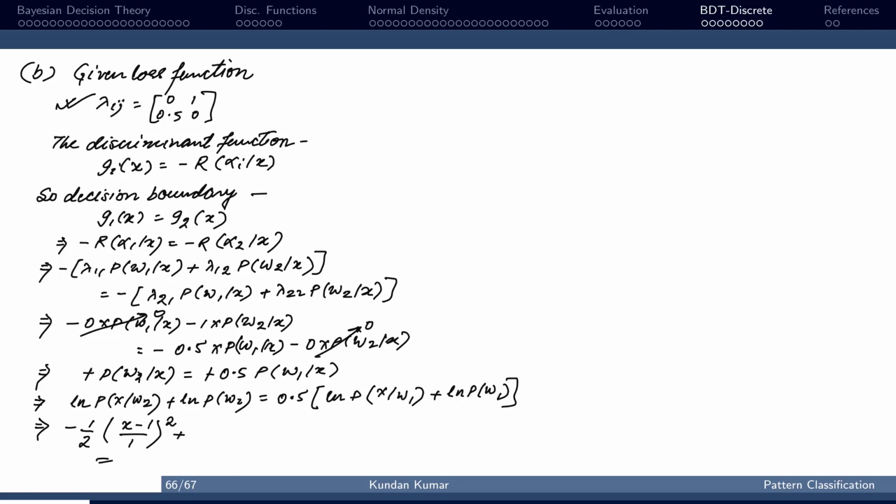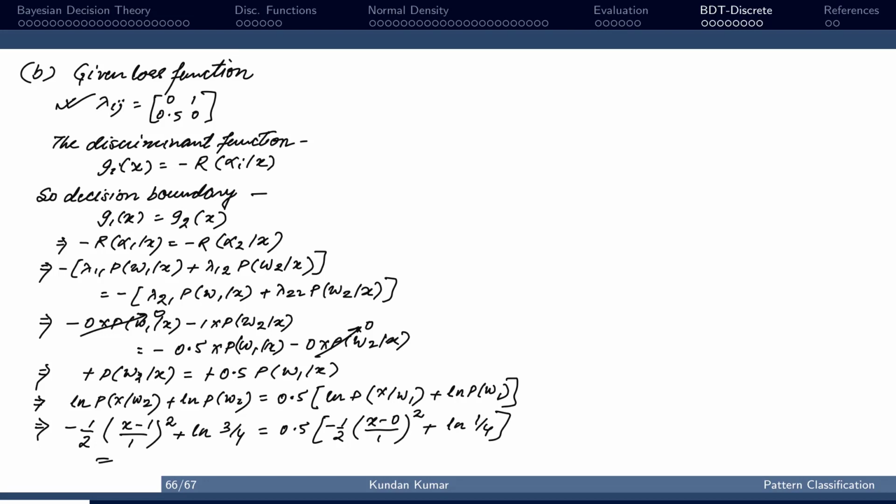And then we can put ln of 3 by 4, equal to 0.5, into minus 1 by 2 x minus 0, that is the mean of the first class, divided by standard deviation, we make it square, then ln 1 by 4.